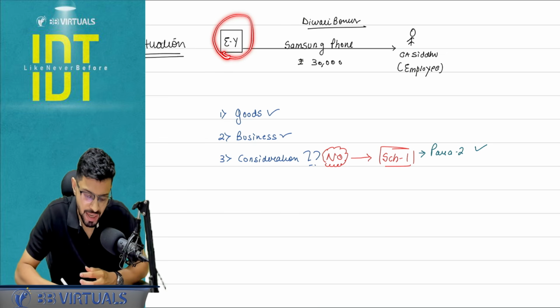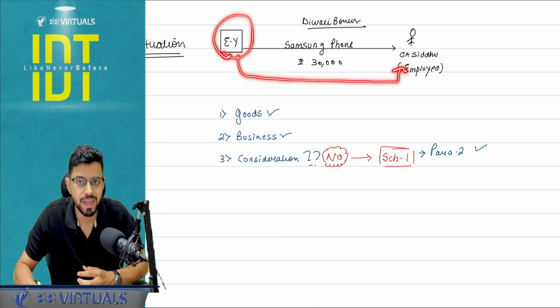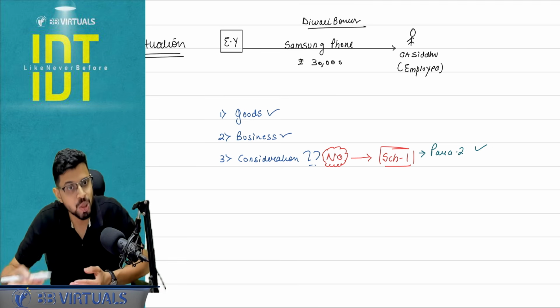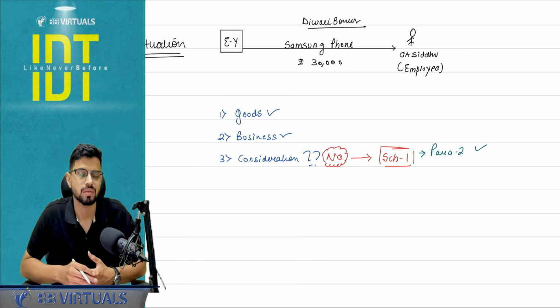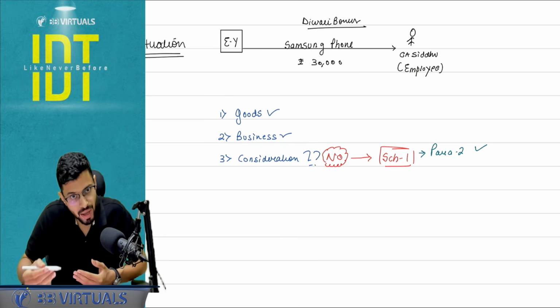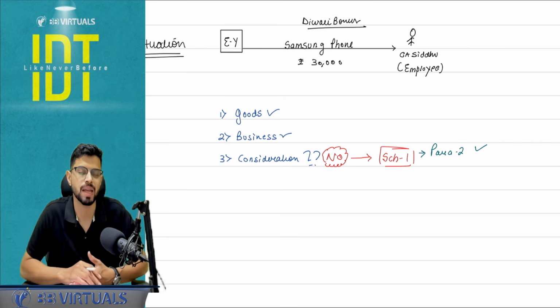It will be considered that the company has supplied goods on which GST should be paid. Although there is no consideration, it will be assumed that GST is applicable on 30,000. That will lead to a lot of problems.